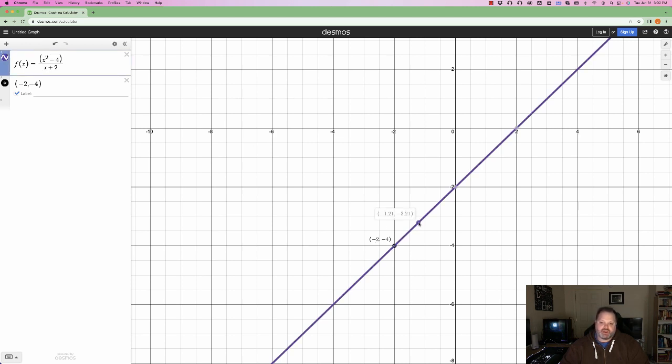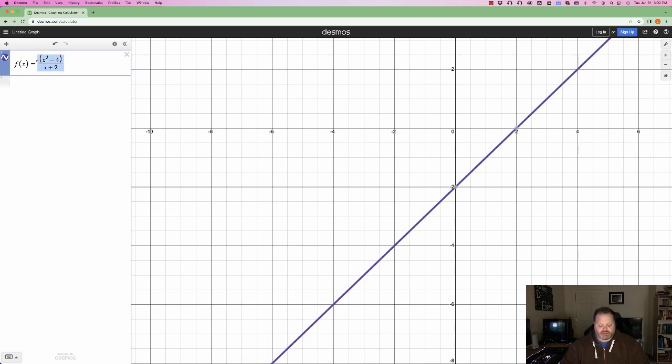And you can see, if I drag and hold along the line, I've got values everywhere, except if I stop exactly on -2, Desmos says it's undefined. So this is what the graph of this looks like, and if you have a hole in a graph like this and the function is nowhere to be found, the limit from the left matches the limit from the right. This is a removable singularity.